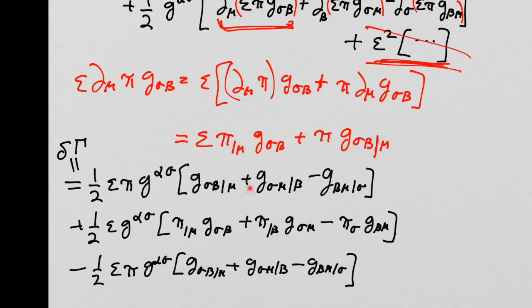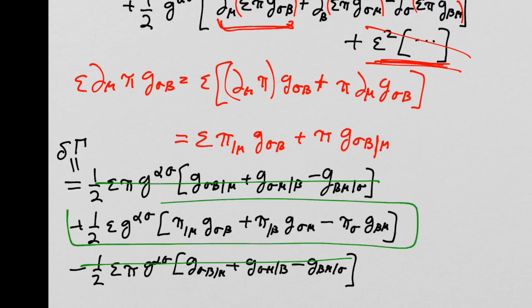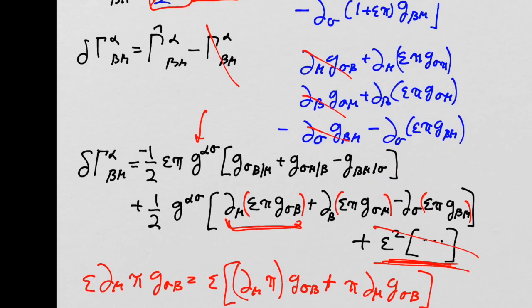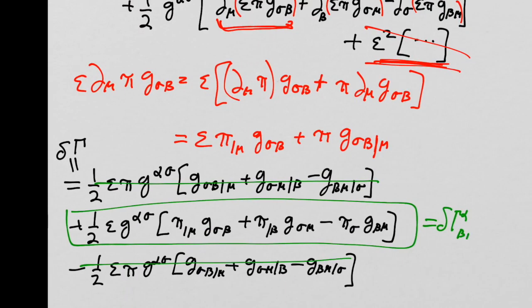And this will cancel completely, right? And leave you just with this, right? So that is going to equal the variation of gamma, alpha, beta, wait a minute, how do I write it? Alpha, beta, mu. And that's the final expression.